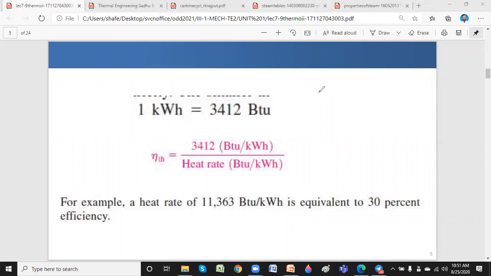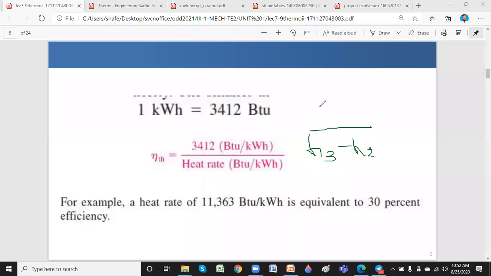Now just see here, what is the efficiency formula? The denominator is heat supplied, that is H3 minus H2.